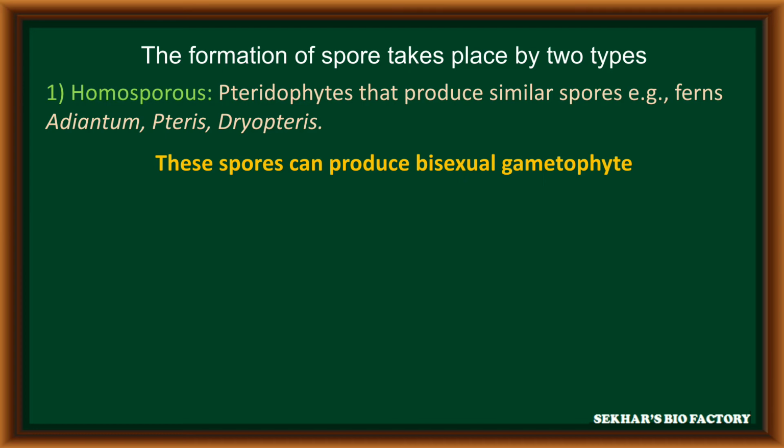For example, in ferns such as Adiantum, Pteris and Dryopteris, we can observe this homospore formation. Such similar spores produce a gametophyte having both male and female reproductive organs. That means it produces a bisexual gametophyte.